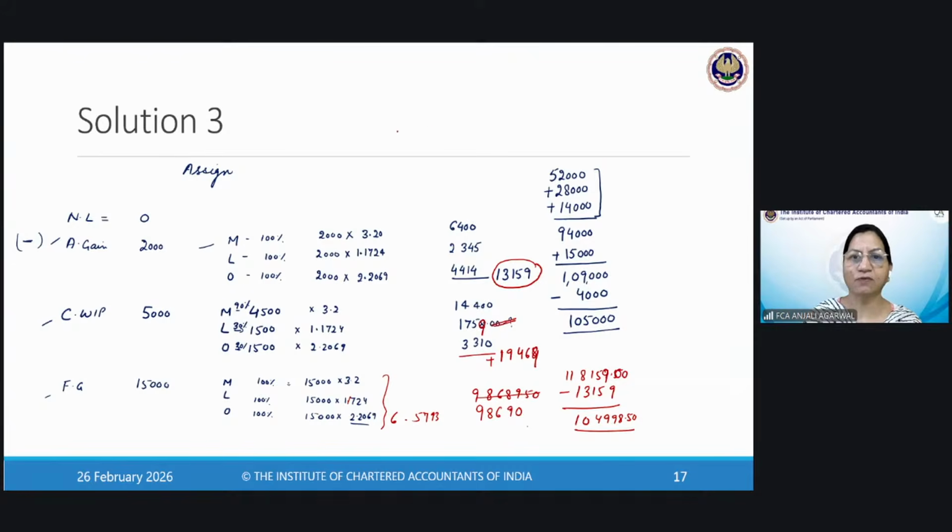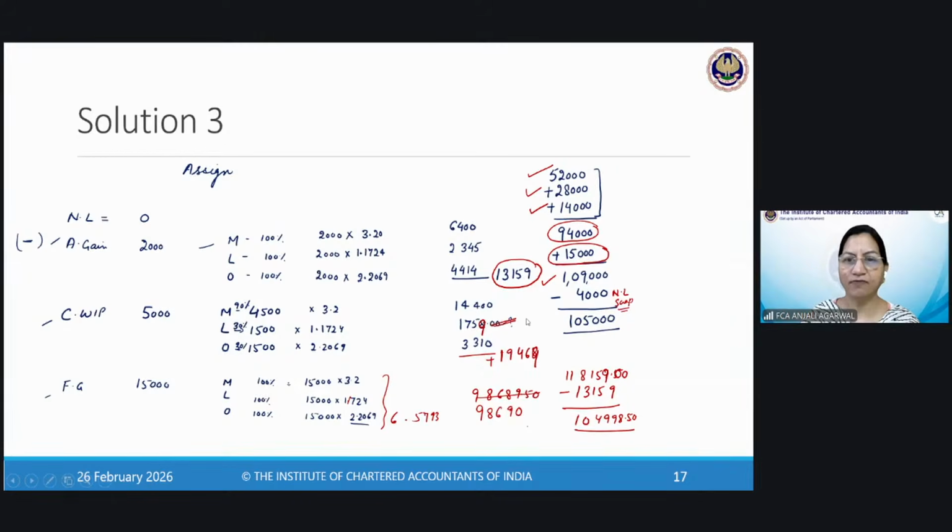I'll take the total. What was my total cost? Material cost, labor cost, overheads cost. In this period, I had incurred 94,000 plus the cost of opening WIP, 15,000. So my total cost was 1,09,000, which I have to recover. Since 4,000 is recovered from sale of normal loss scrap, therefore, the total cost to be allocated is 1,05,000.